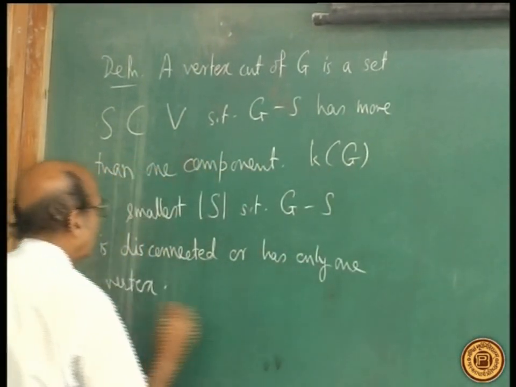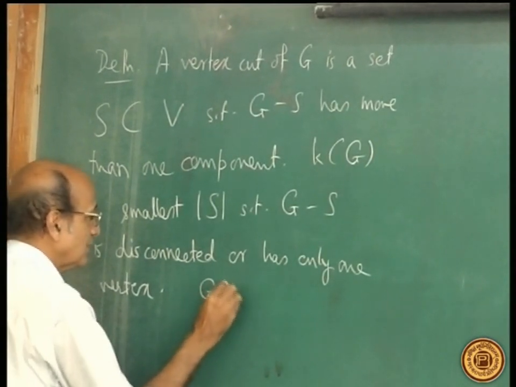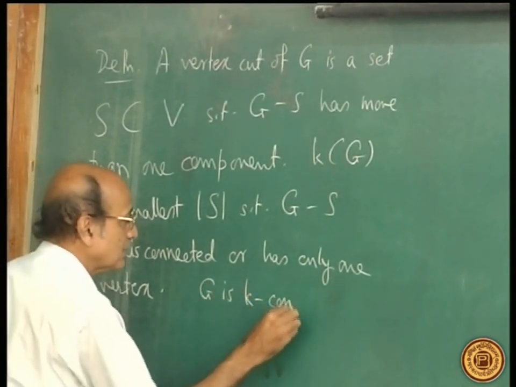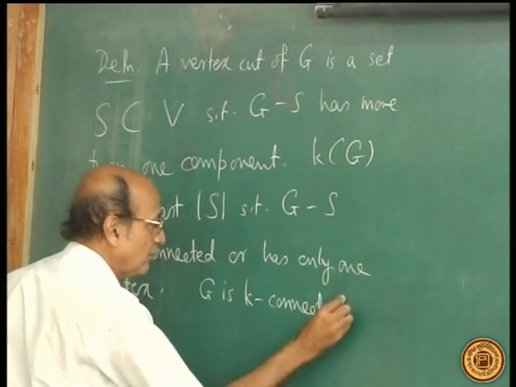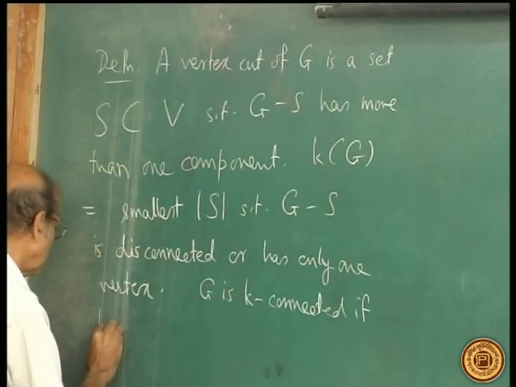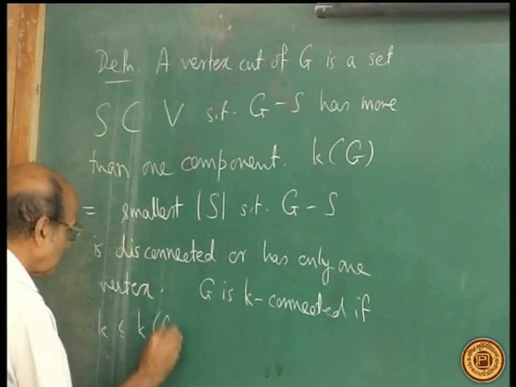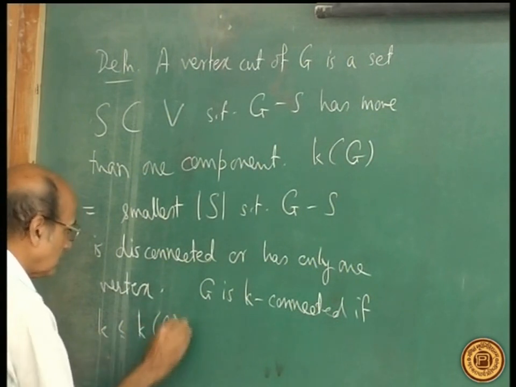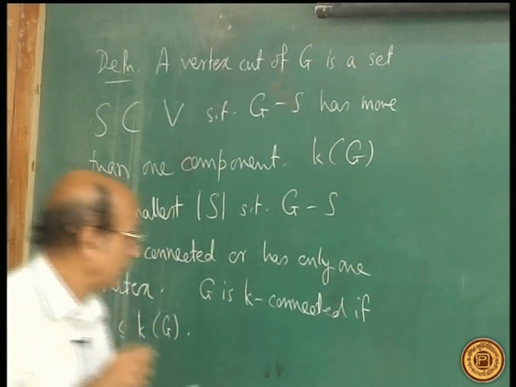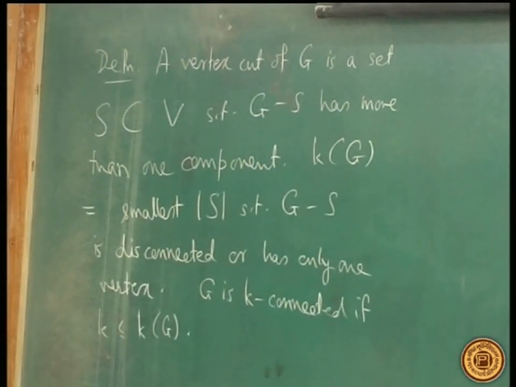G is k-connected if the connectivity is at least k. Okay, so let's view connectivities of a few graphs.